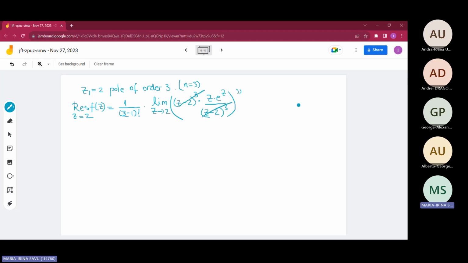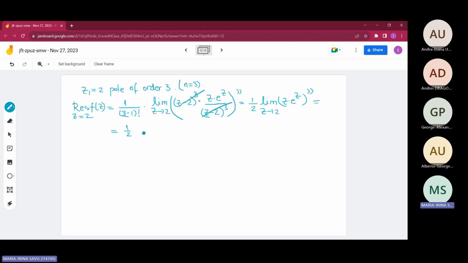But here you have simplification. This is 1 over 2 times the limit when z goes to 2 of z times e to the z, and you have to take the derivative of this function.